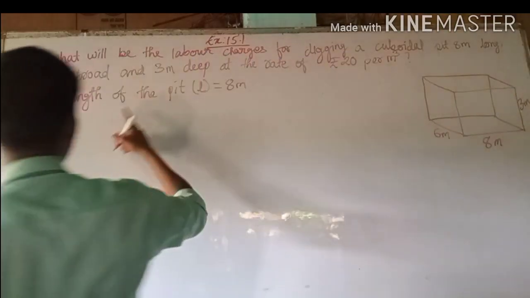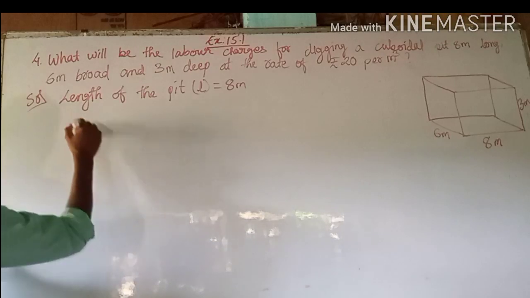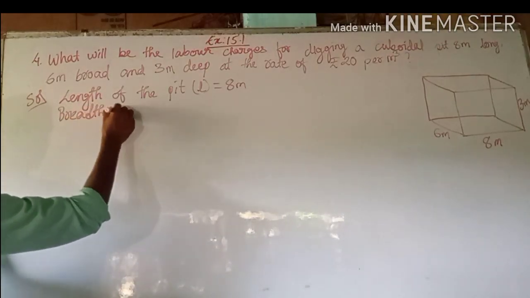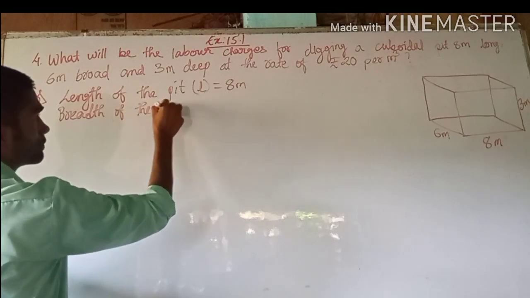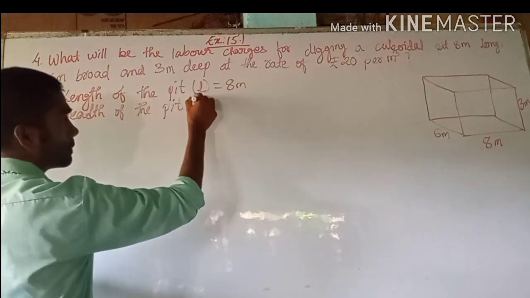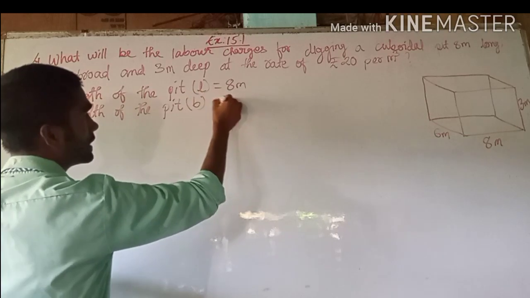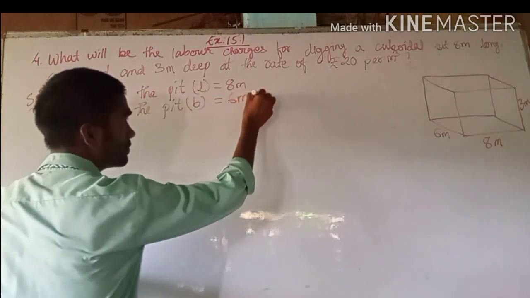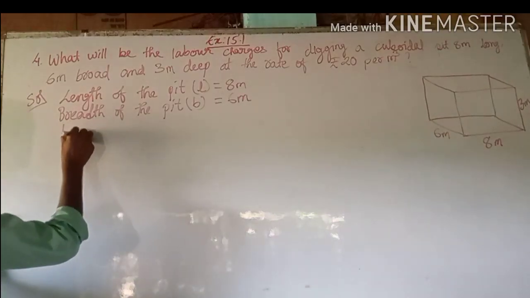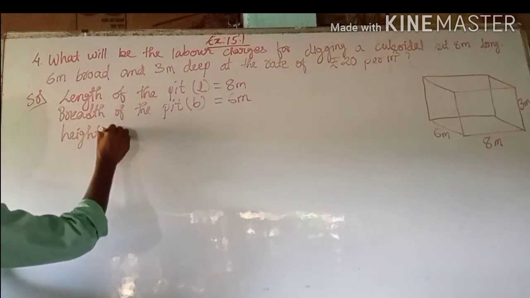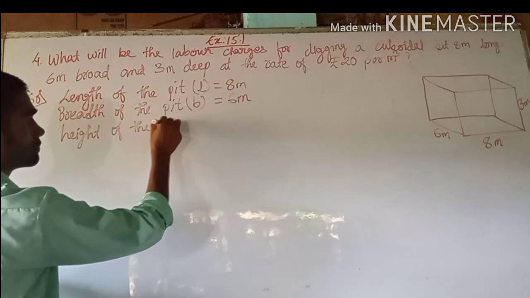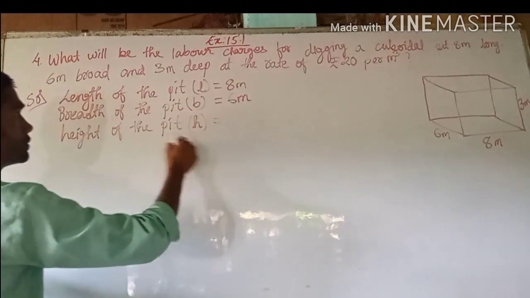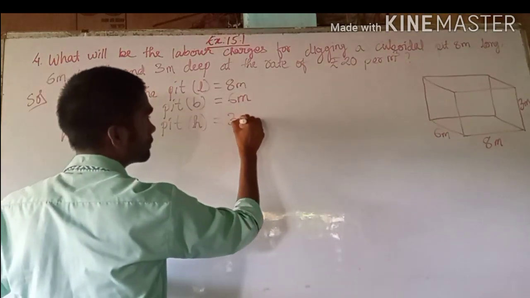So height of the pit, H, is equal to 3 meter.